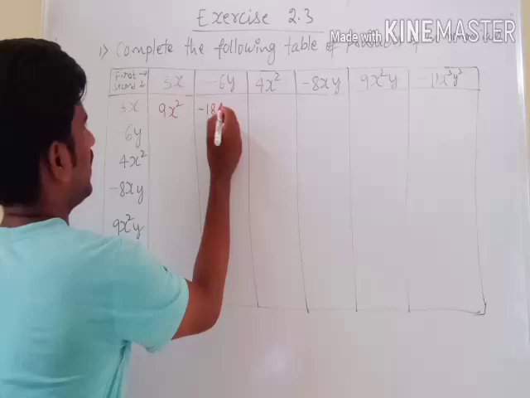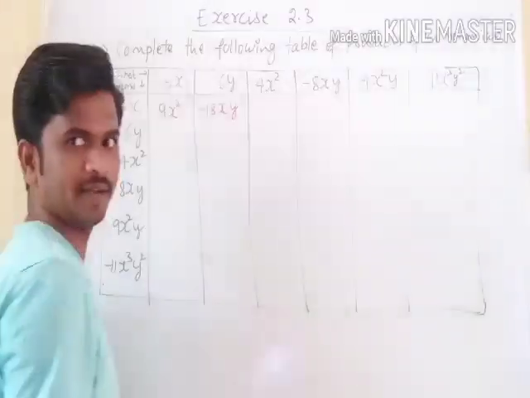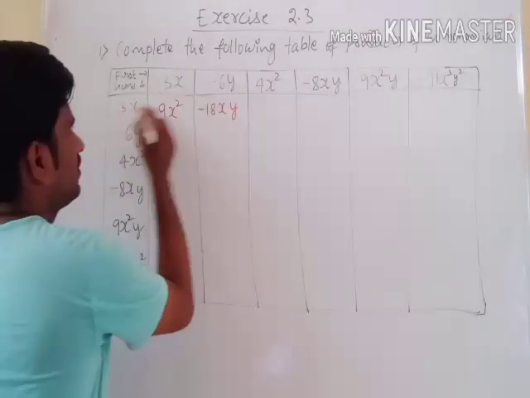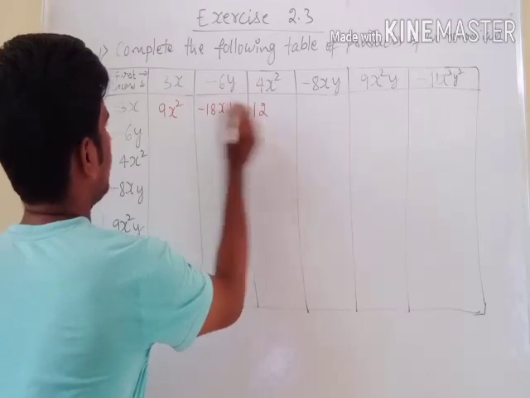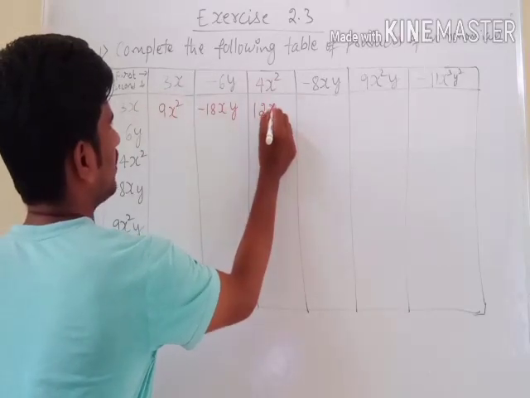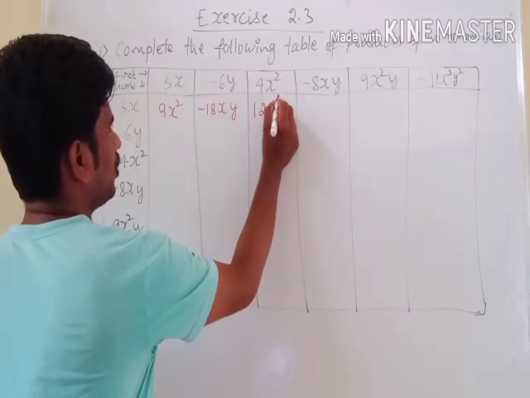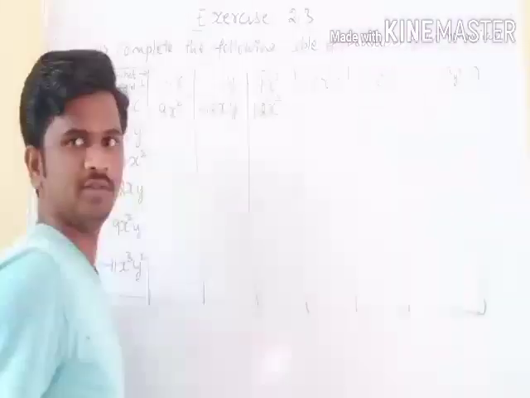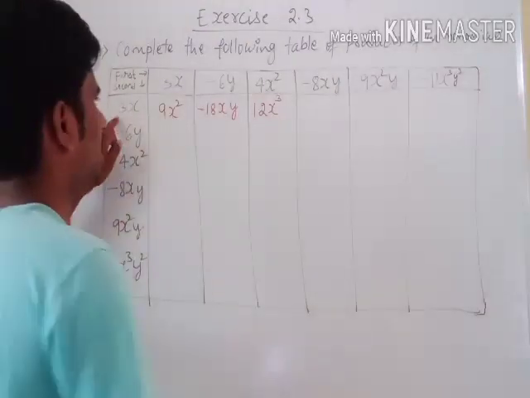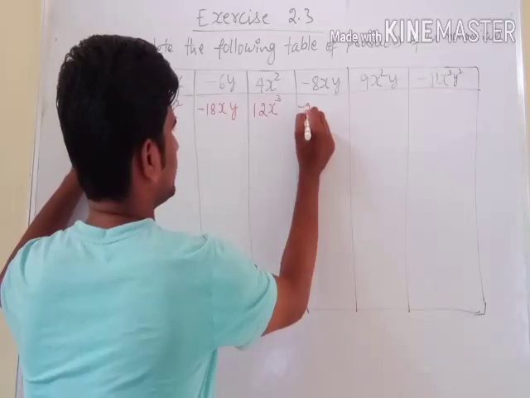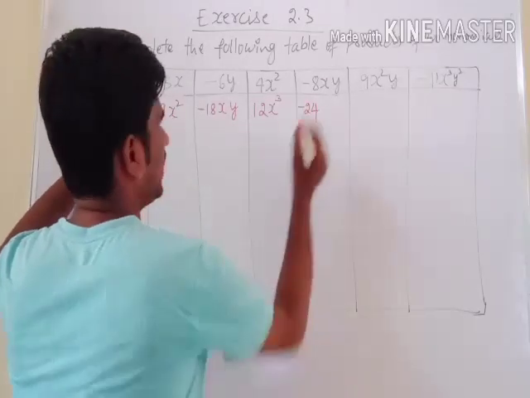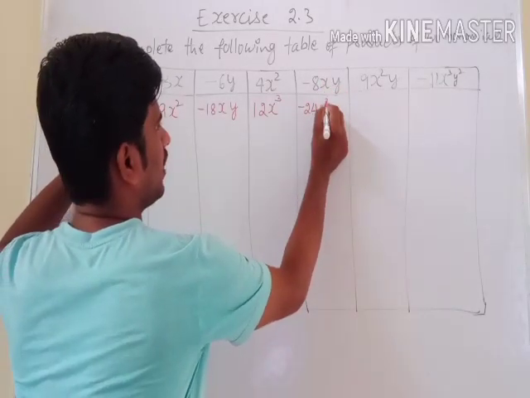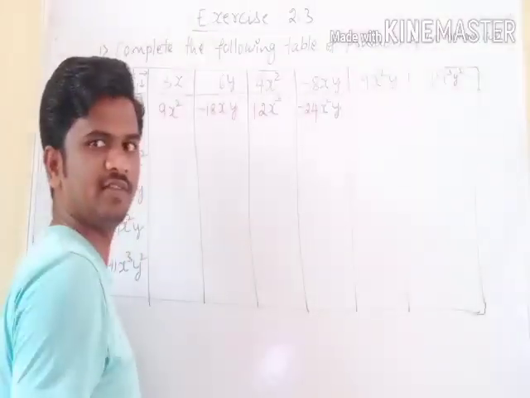Then x into y is xy. Next, 3 into 4, 12, x into x square, that is x power 2 plus 1. 2 plus 1 is nothing but 3. Then 3 into minus 8, that is minus 24, x into x, x square, you write y as it is.